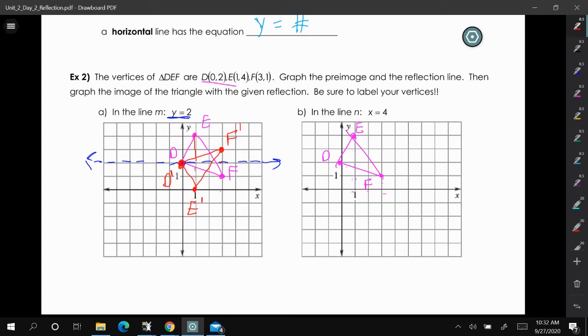Now in example B, our line of reflection is x equals 4. So on the x-axis, we're going to go to positive 4. And that is my line of reflection. And we're going to count. So point D is 1, 2, 3, 4 units away. So I'm going to count 4 units on the other side.